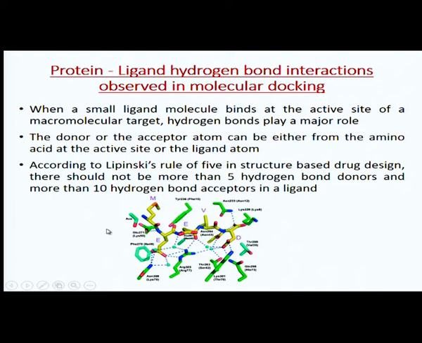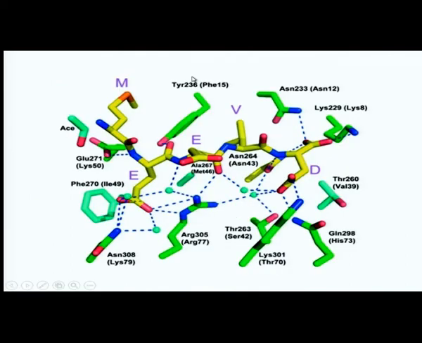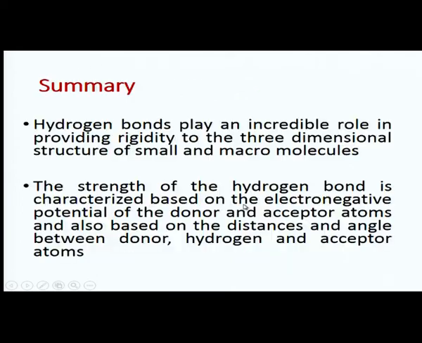So, we will deal with this in depth when we talk about molecular docking and molecular dynamics in structural biology. So, this is the exact, clear picture of these hydrogen bonds, which are bonded to amino acids. When a ligand binds, so what are all the interactions? The dashed ones are all hydrogen bonds.